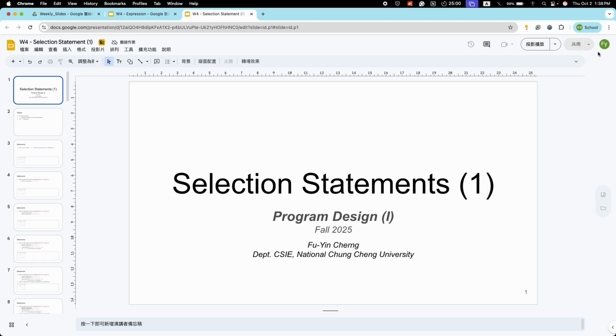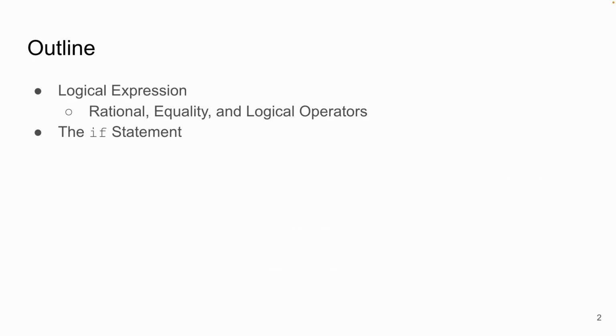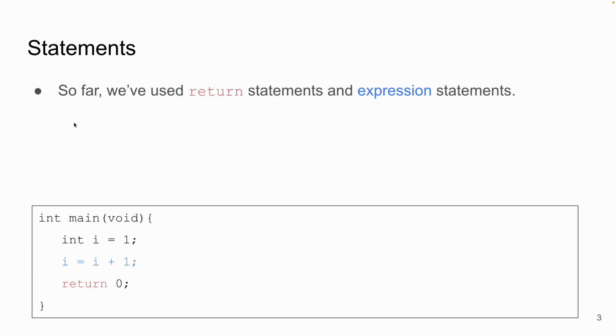And today, our plan is to talk about selection statements. After knowing all these operators, you are ready to learn selection statements. So today we have two topics here. To use selection statements, you need to learn another three types of operators.